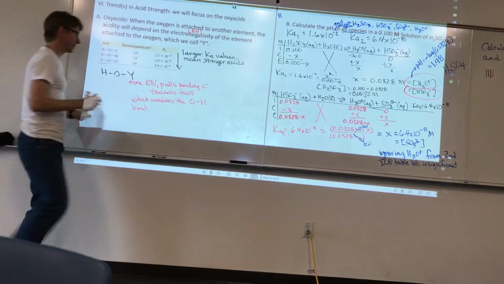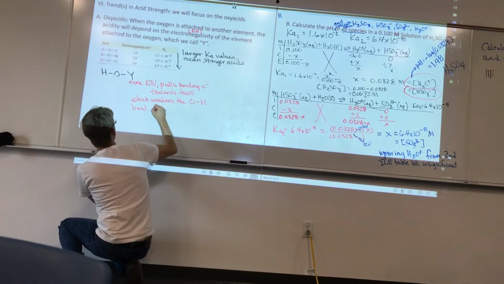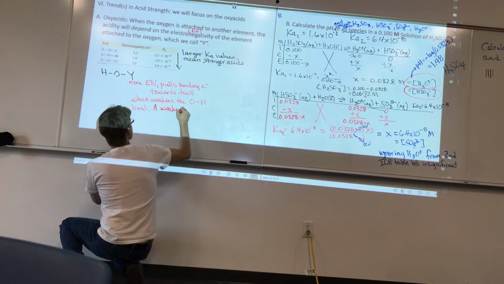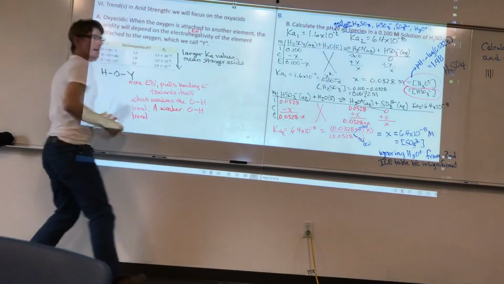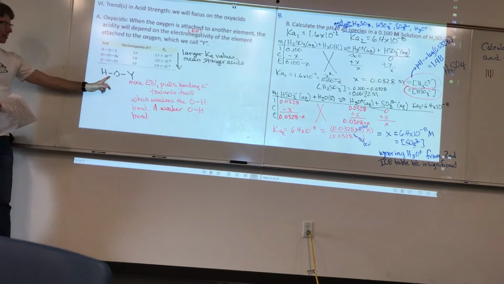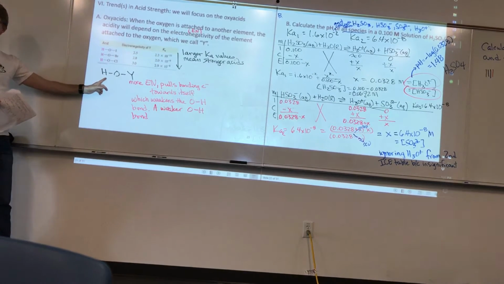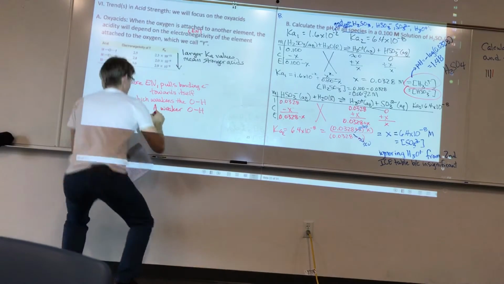A weaker OH bond makes it easier to break and easier to release an H plus.